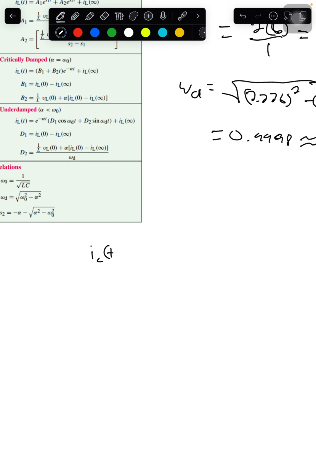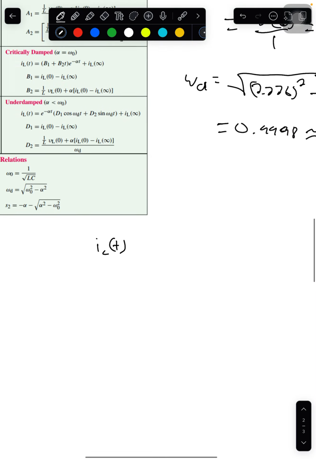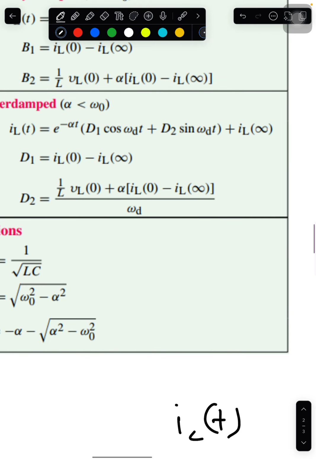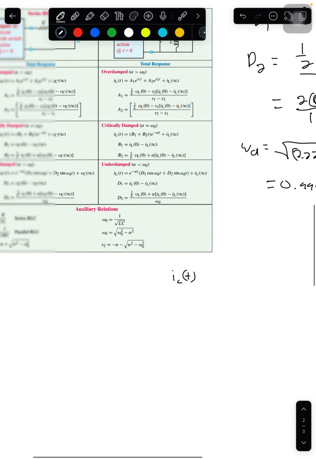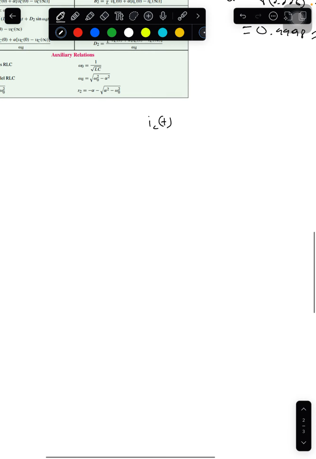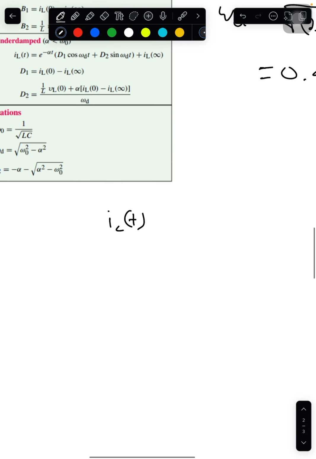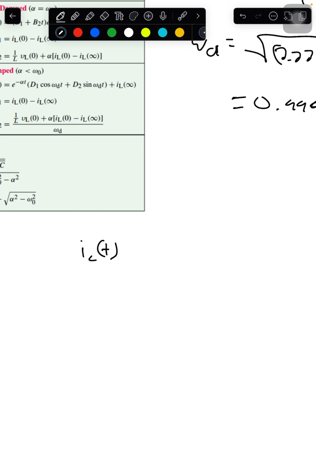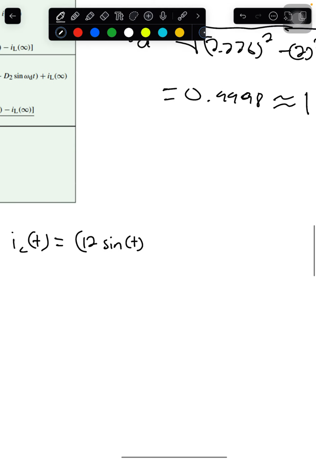You should literally get IC of t. We can use this equation even though it says IL, because IL is IC(t). So IC(t) equals e to the negative alpha t times, in this case, 12 sine t, because it's 1t, minus 6 cosine t.